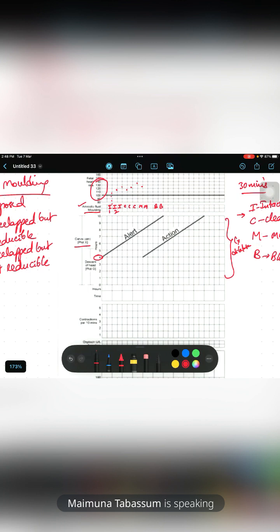So when the patient comes at 3:30 p.m., if it is 5 centimeters, you'll mark it like this. If it is 6, you'll mark it like this.